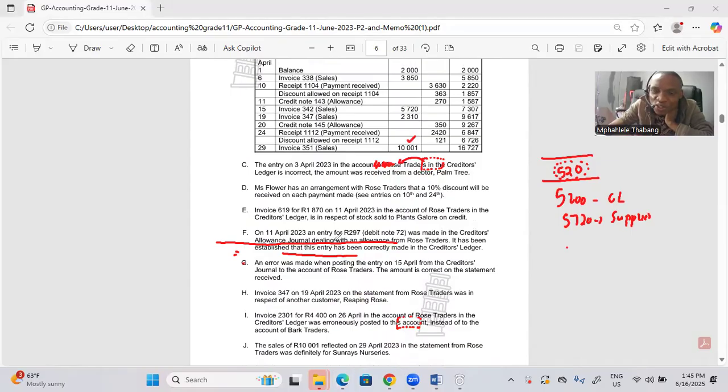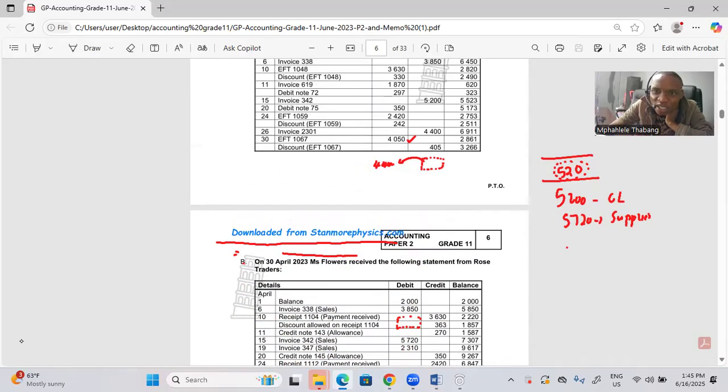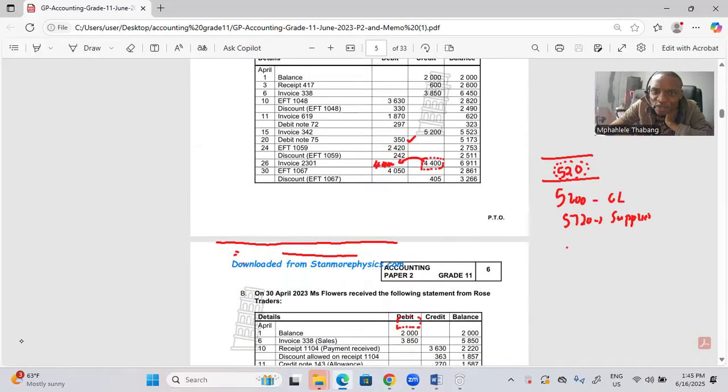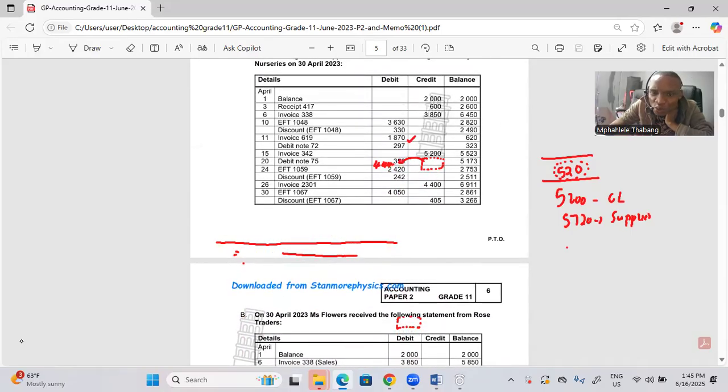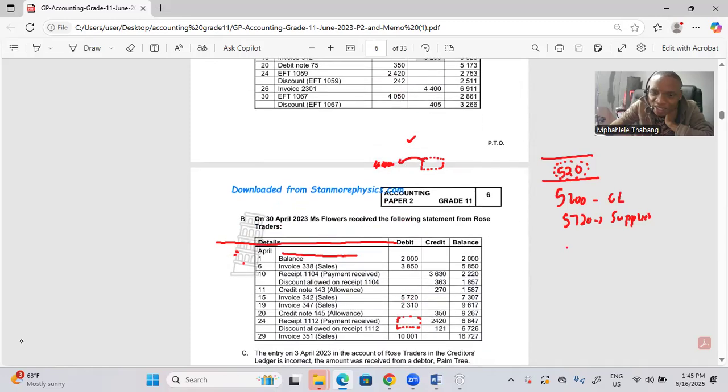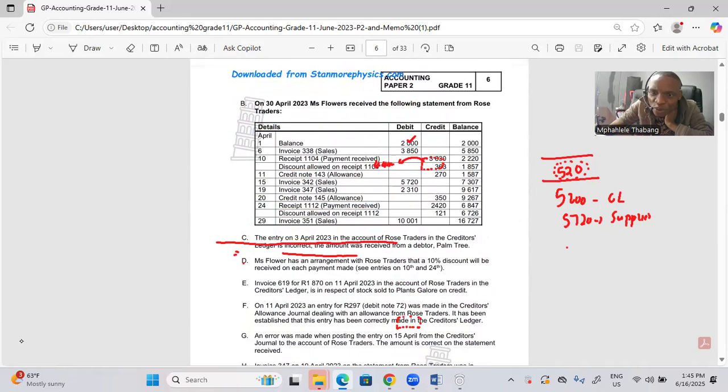This entry is for the sundry necessary. They are saying it must also appear in the creditor's ledger, but it's not appearing, so we have to go and record it there. Once an entry is on the debit side of the statement, it has to be on the credit side of the creditor's ledger.